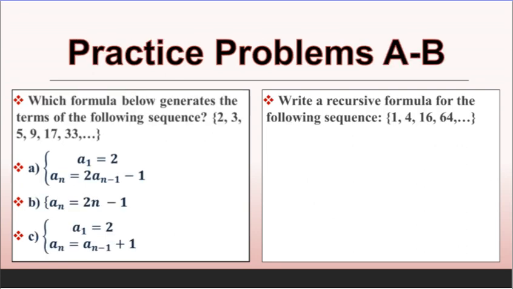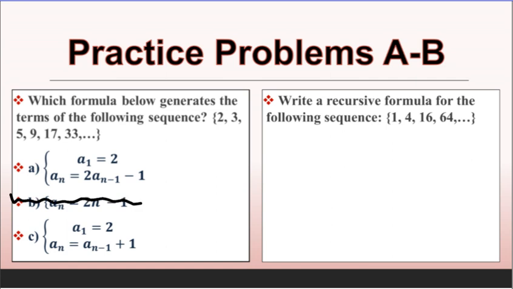Next, which formula below generates the terms of the following sequence? 2, 3, 5, 9, 17, 33. We know it cannot be B, because it doesn't tell us what the first term is.